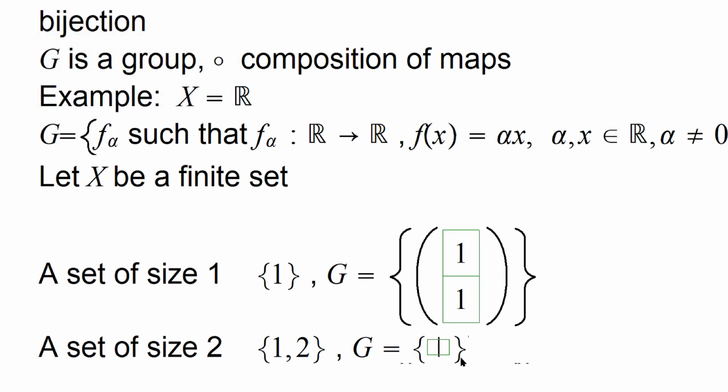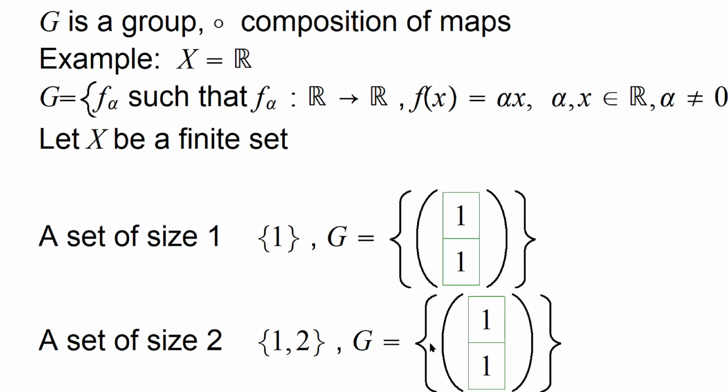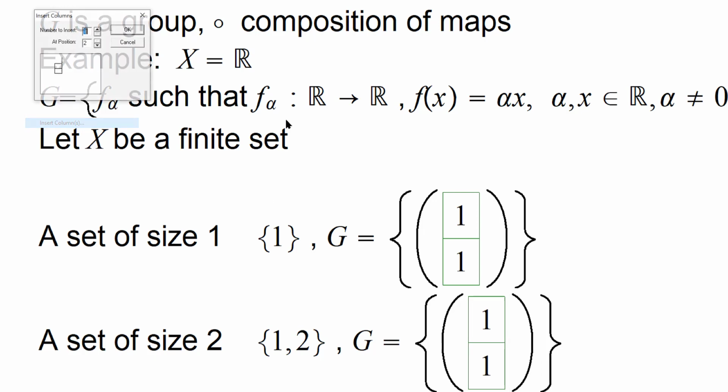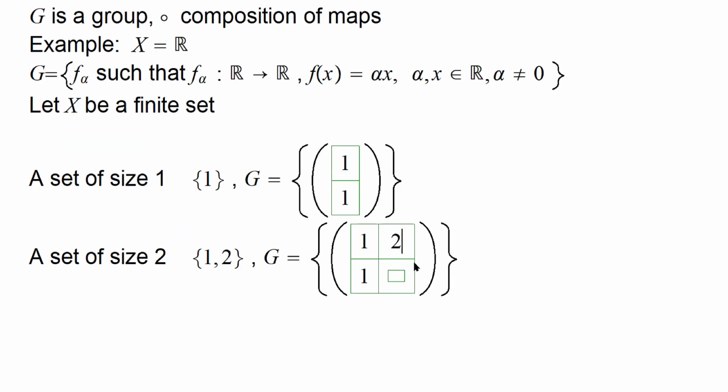So now, first of all, I'll have to have room for one more element, right? So let's get one more column. So we got 2. And since these are big now, we can reduce the font size.